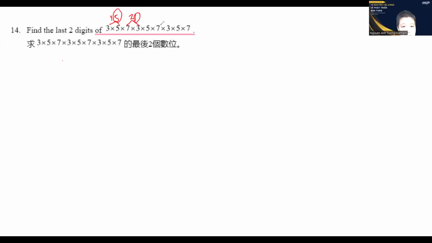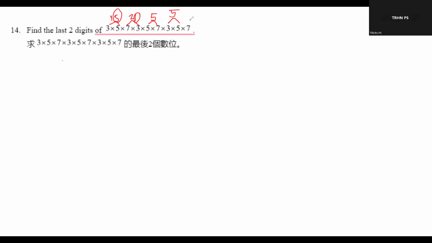Then I multiply 5 with 7, so I get the last digit is also 5. Then I take 3 and multiply with 5 and still have a last digit of 5.